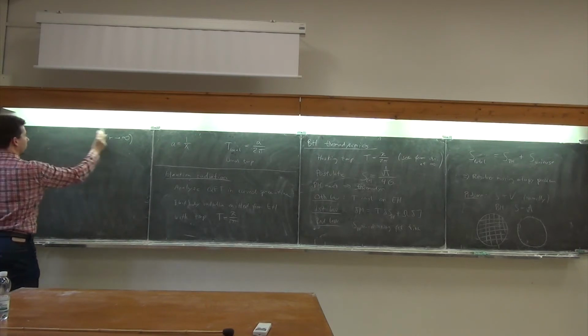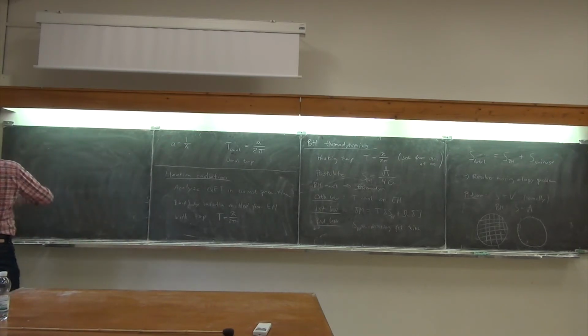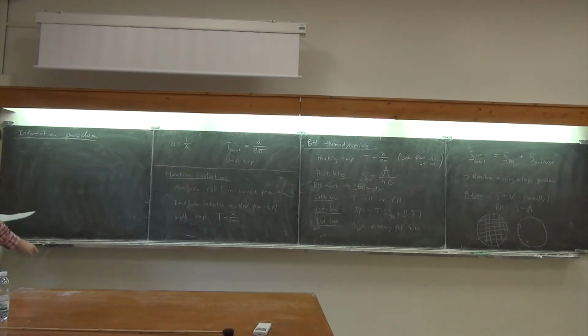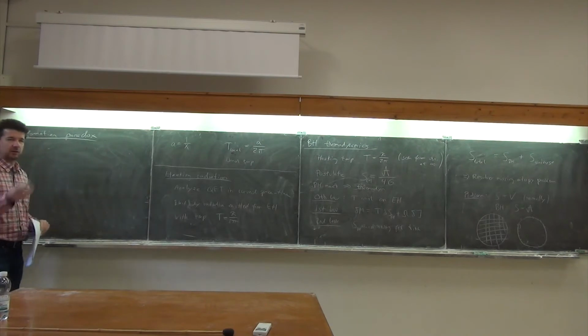But then there's a much worse problem, namely the information paradox. So what is the information paradox? Very, very briefly, suppose we start with a universe without a black hole.